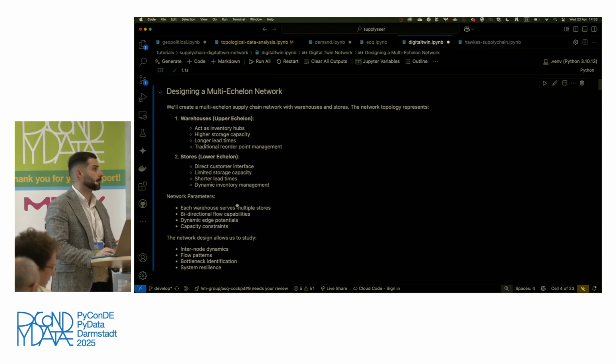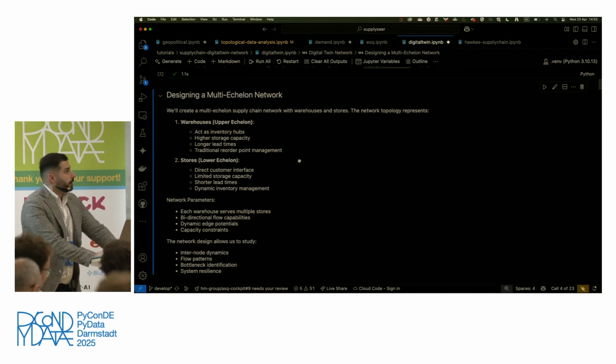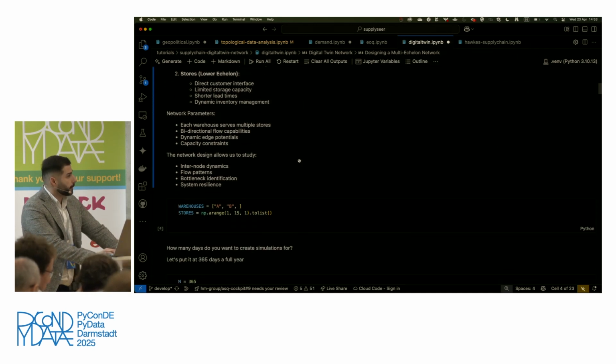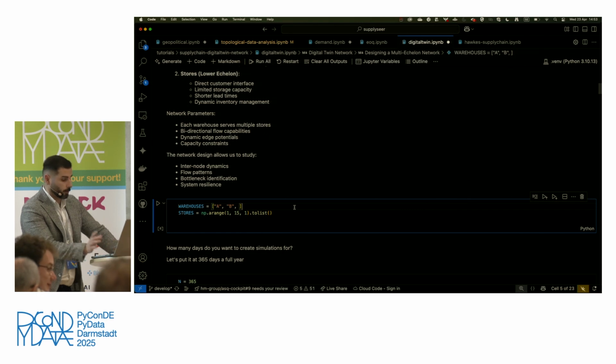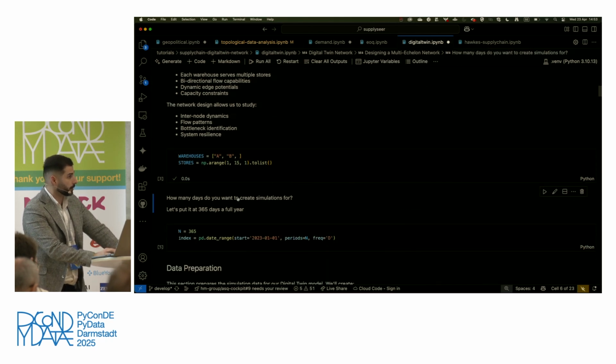And we'll have some parameters for this multi-echelon network. In this case, I'm going to assume we have two warehouses, warehouse A and warehouse B, and 15 stores ranging from 1 to 15. I don't care about the numbers or the names of them as of now.